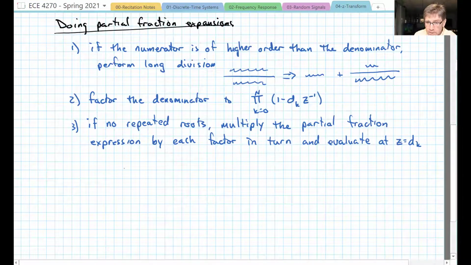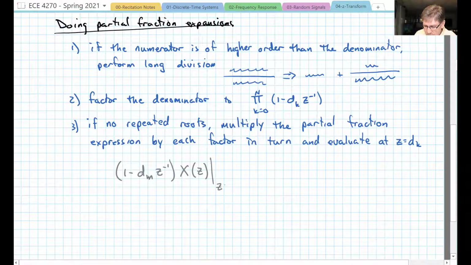So what this looks like is you get 1 minus d_m, whichever you decide to do, z to the minus 1 multiplied by X of z evaluated at z equals d_m.